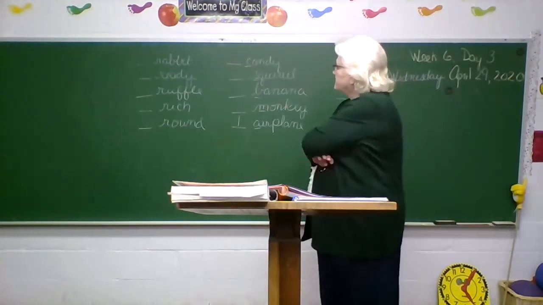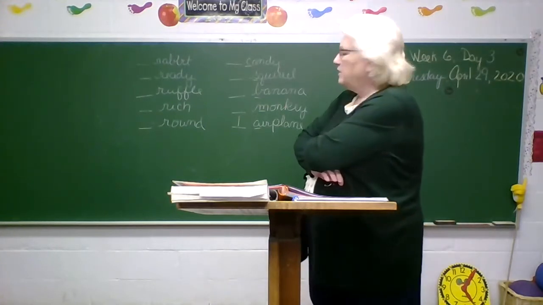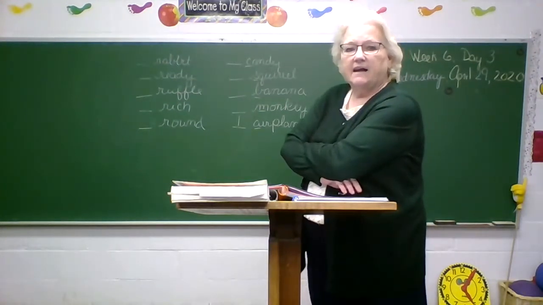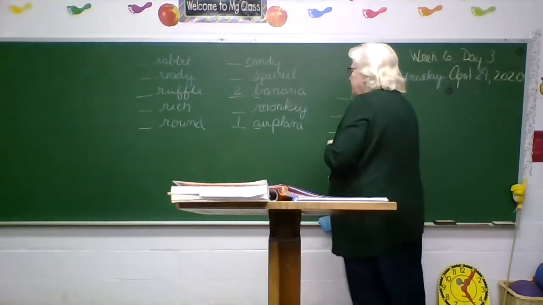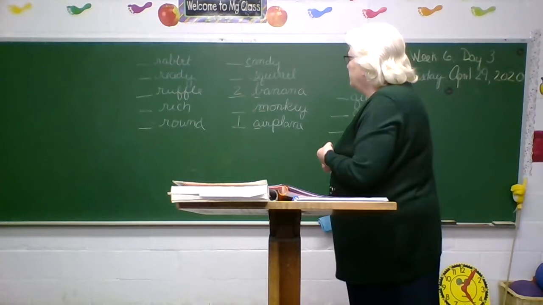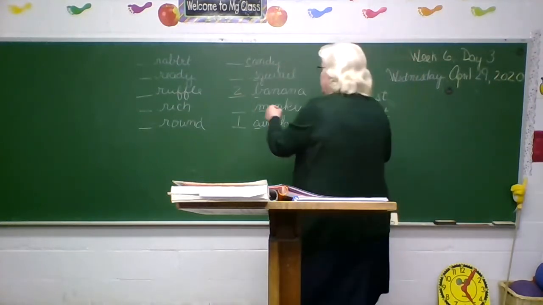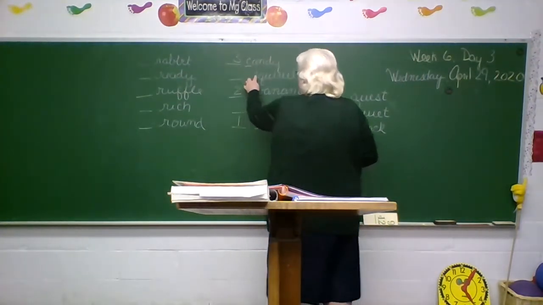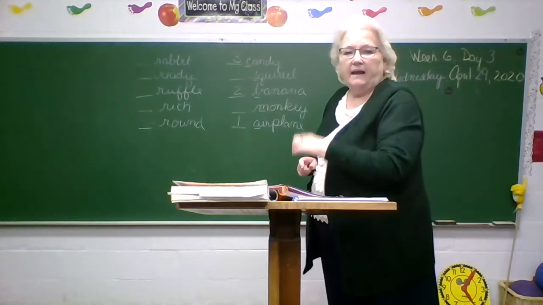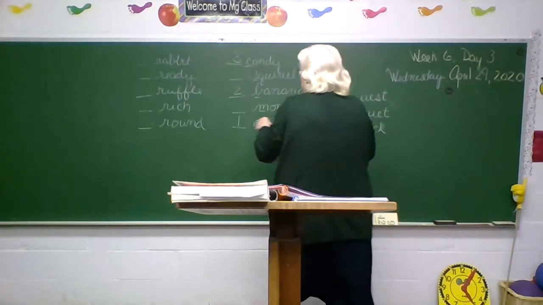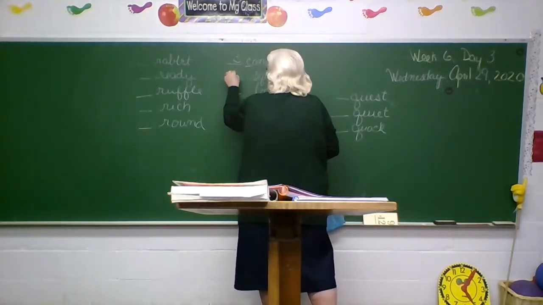Now let's look at the rest of the words. What word would be next? How about B? So that would be number 2. And then what? The C, right, for candy. That's number 3. Now we have an S and an M. Which one comes before the other one? M comes before S. So this is number 4 and number 5.